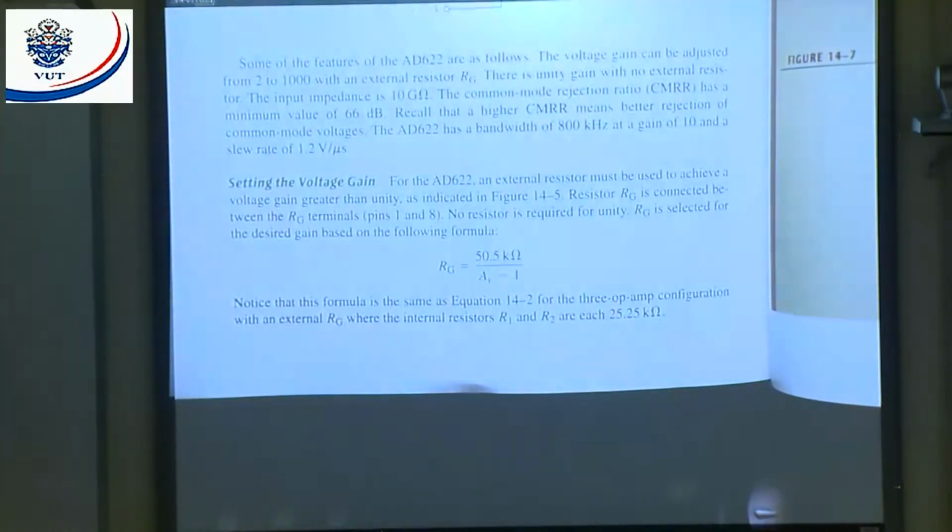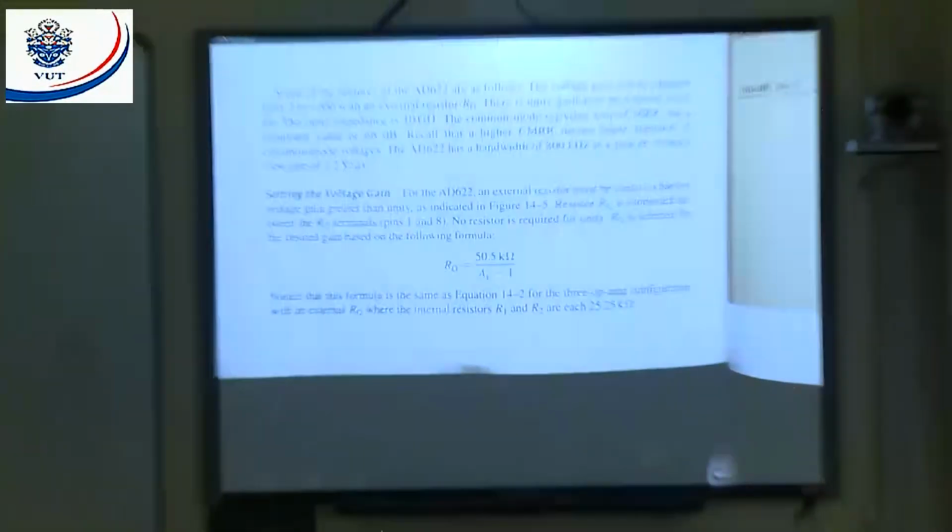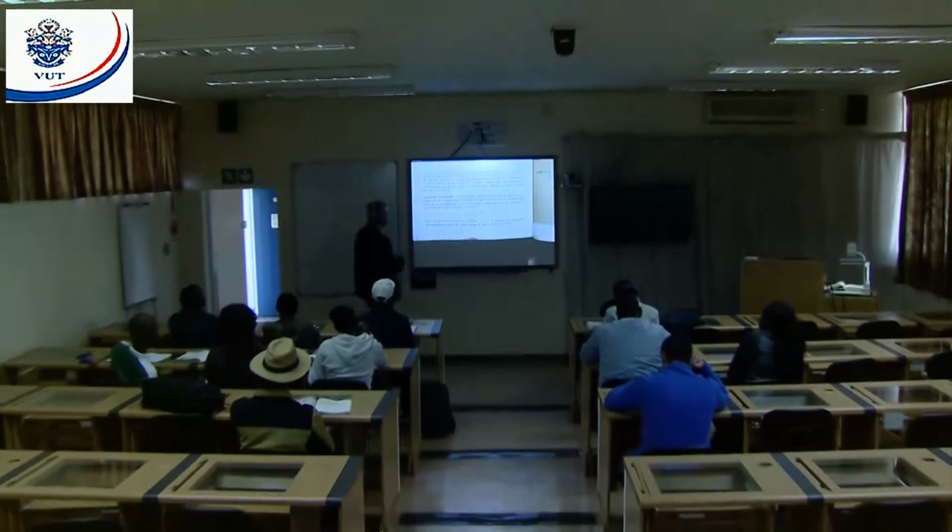In the previous example we used 50 kilo ohms, but for this device it's 25.25. That's why it will give me 50.5 kilo ohm. All right. That is standard for that device. That means if you're going to use the AD622, you're going to use 50.5 kilo ohms. All right. Just remember.